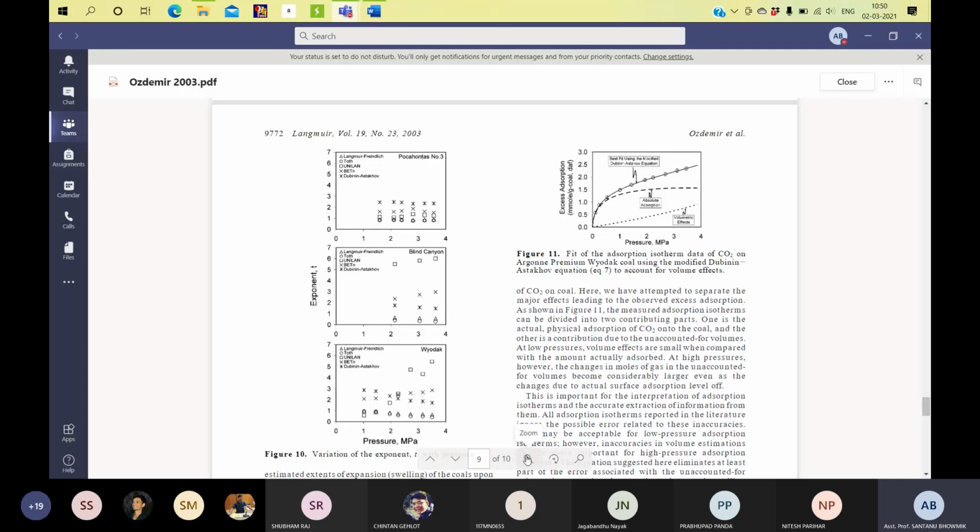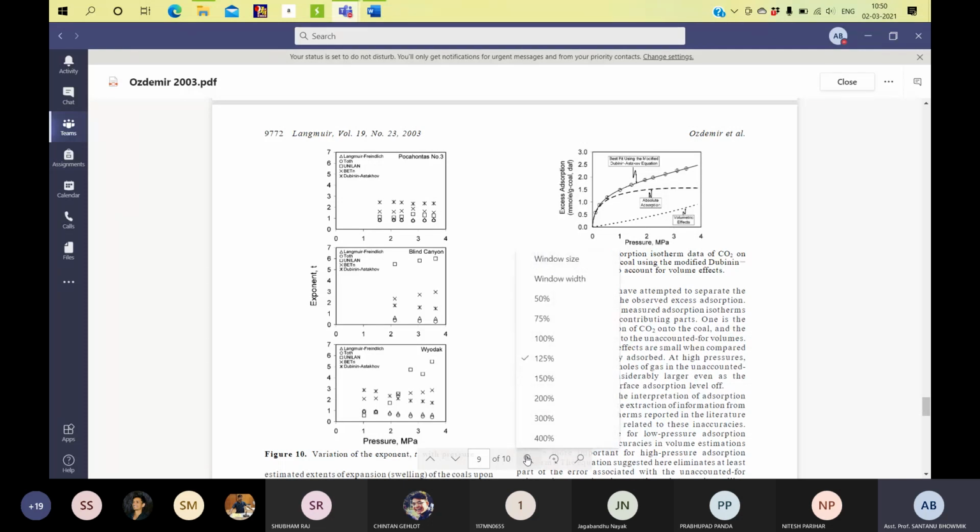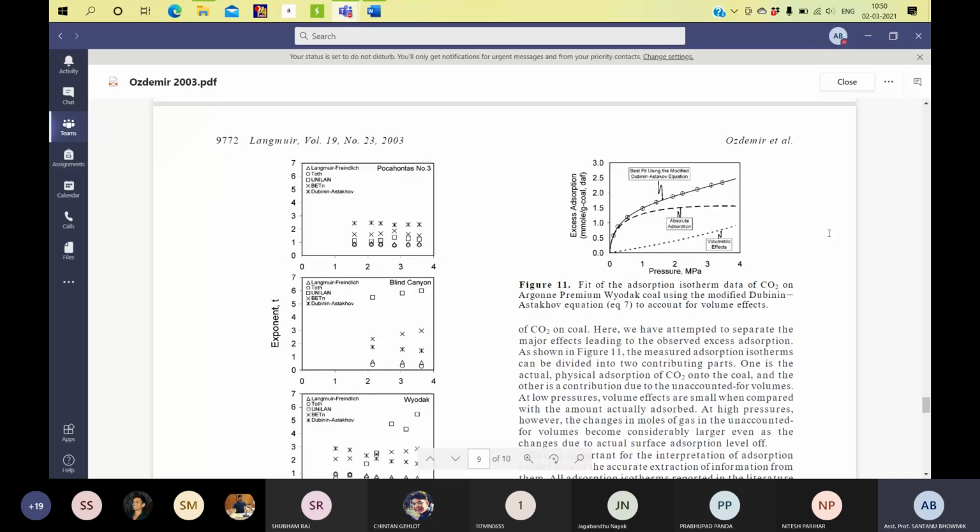The absolute adsorption is calculated after the volumetric effects are corrected. You can see this volumetric effect increases with the pressure, so whatever excess graph you have got, you apply the correction and you see the absolute adsorption. This is the absolute adsorption.